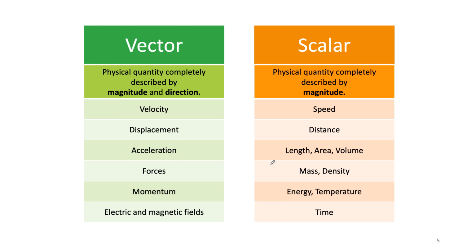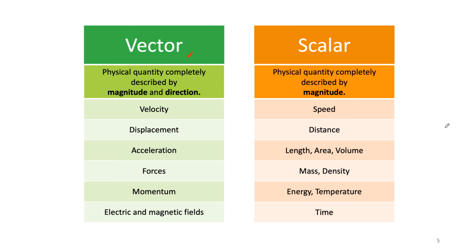Now, let's put everything together so that we can take a look and compare. On the left column, you have a vector quantity. On the right column, you have a scalar quantity. For a scalar quantity, you only need to specify a magnitude to completely describe it. On the other hand, for a vector, right here, you need both magnitude and direction to completely describe it.